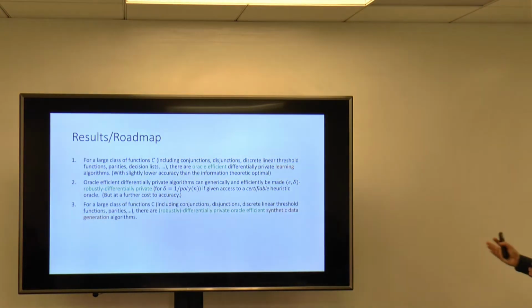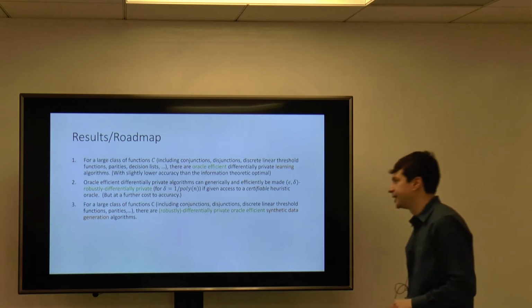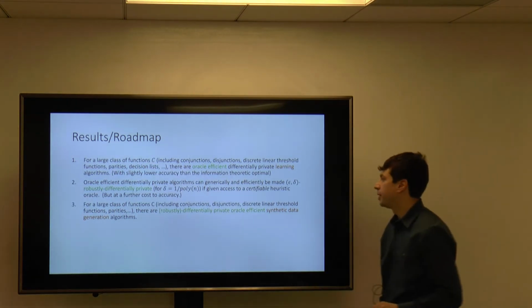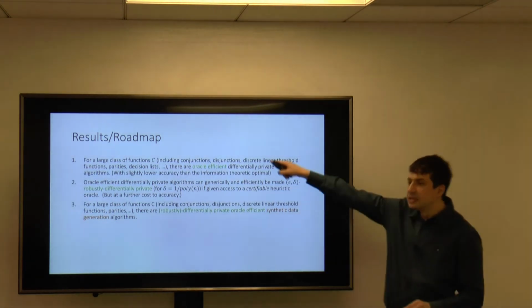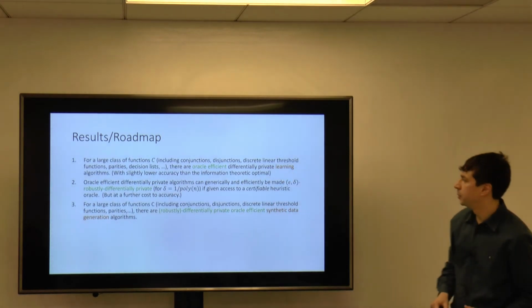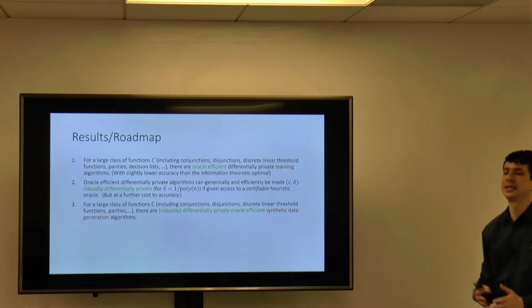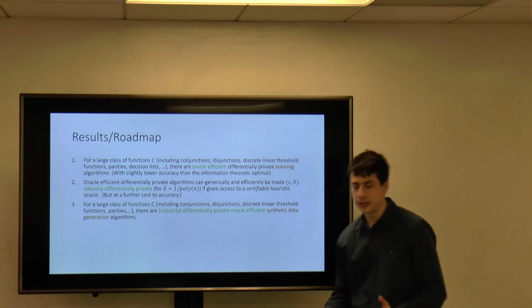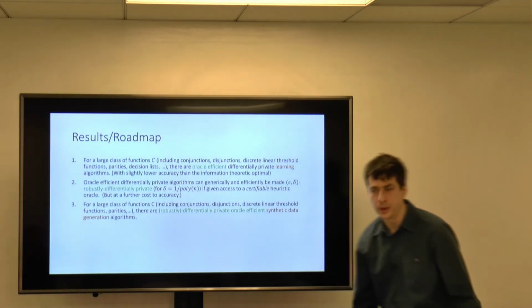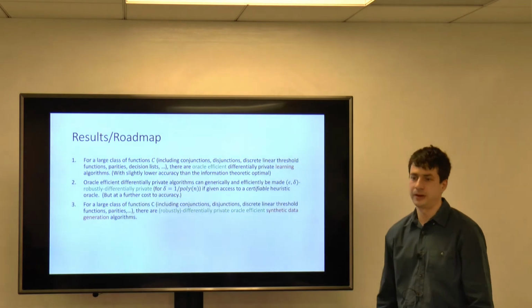And then for, again, a large class of functions that I'll tell you about, by using these first two tools, there are robustly differentially private oracle efficient algorithms for generating synthetic data for these functions. So you can solve not just the learning problem, but the synthetic data generation problem.